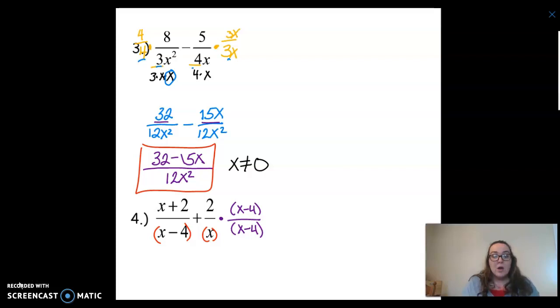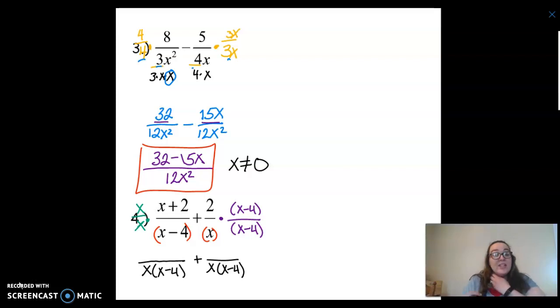On the left fraction, it has x minus 4, but it needs just an x. When you multiply these together, keep it simple. You don't have to distribute the denominator. You can leave it as x times x minus 4 on both of them. There is no need to distribute the denominator.